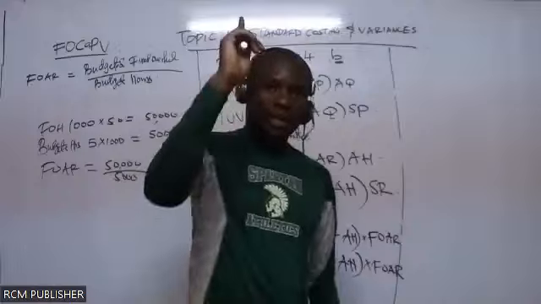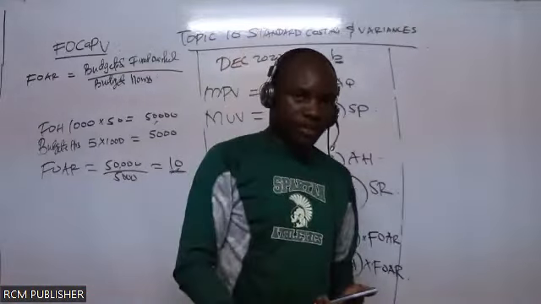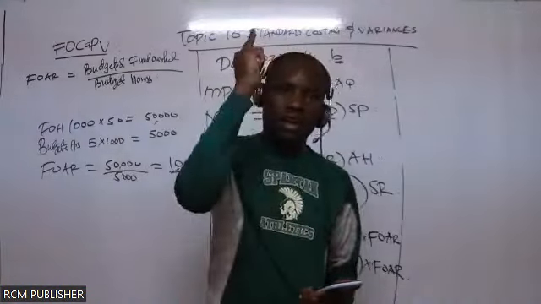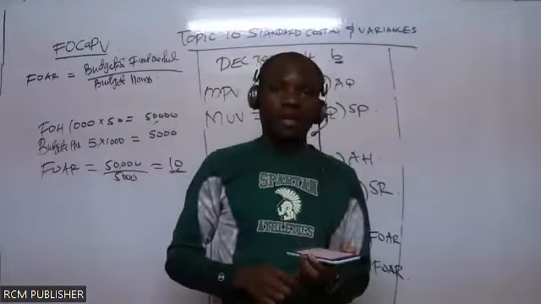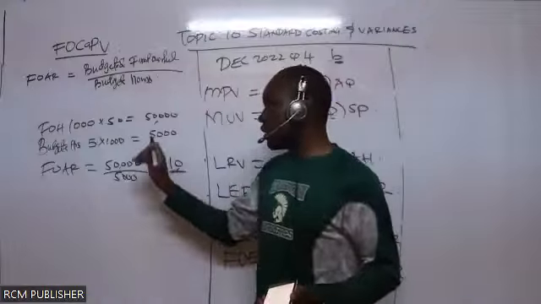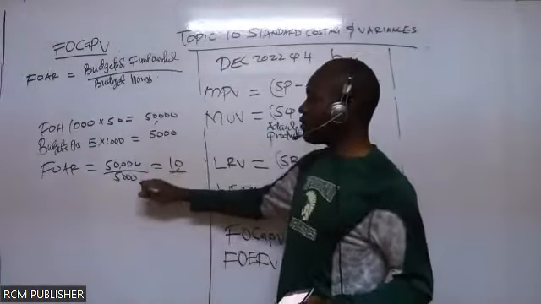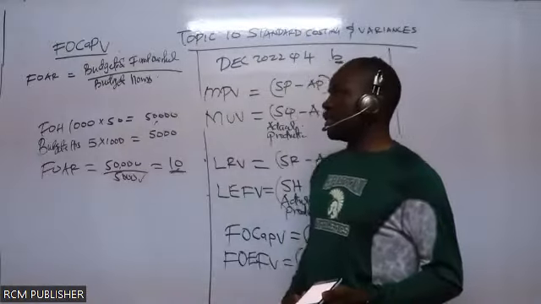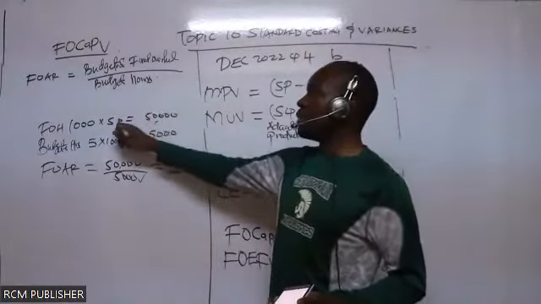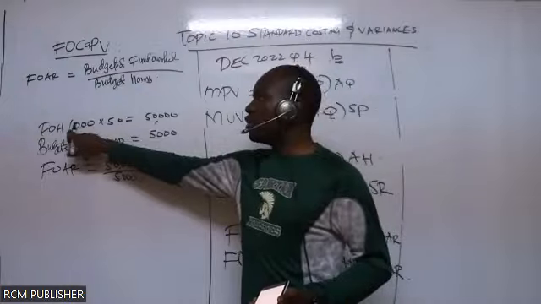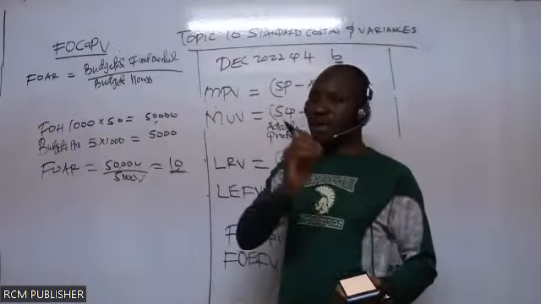So that one, in this question, you don't calculate it. But if it is not given in a question, that's how we calculate it. The examiner will give you budgeted hours, and then you are given the 50 shillings per unit. And you know very well you have 1,000 units as per the budget.